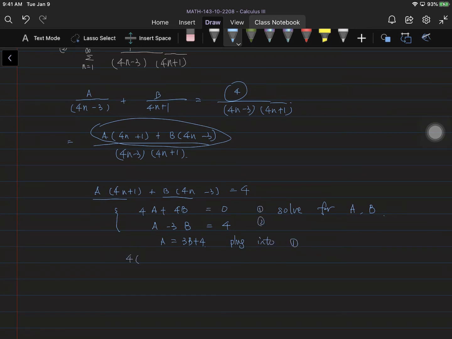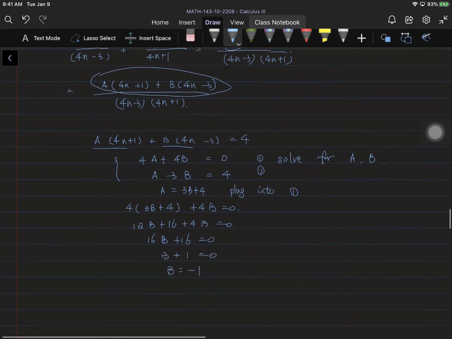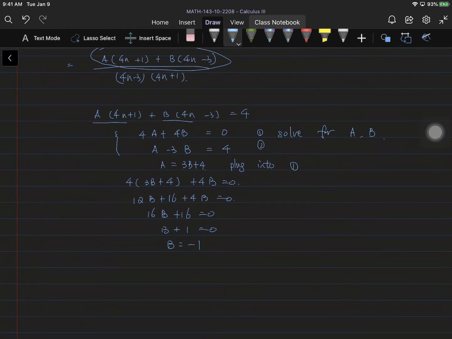So 4 times A, which is 3B plus 4, plus 4B equals 0. So it's 12B plus 16 plus 4B equals 0. That means 16B plus 16 equals 0. B plus 1 equals 0. B is -1. A is 3B plus 4, so A is 1.